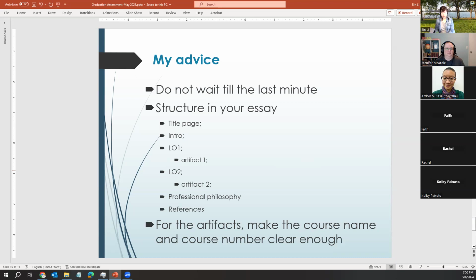For instance, you talk about the database class. You can talk about, in the context of that artifact, how you learned to use a certain programming language, things like that, that demonstrate your proficiency in technology development and use. Does that help?